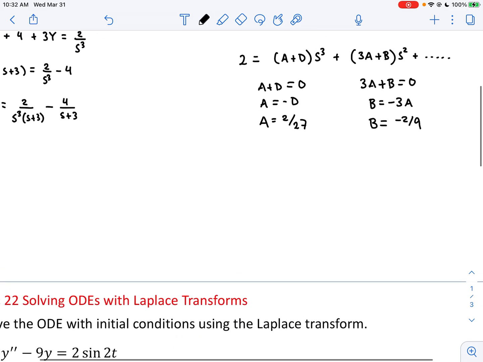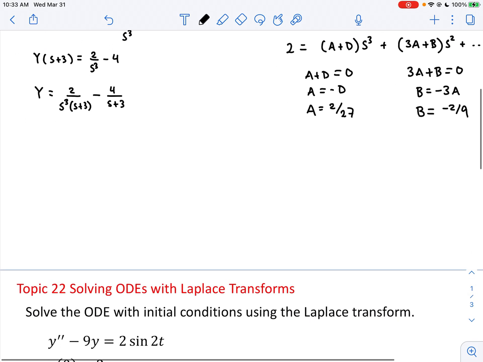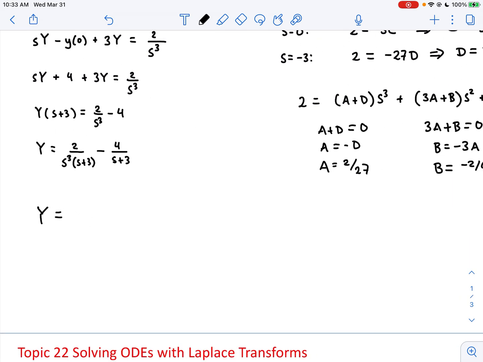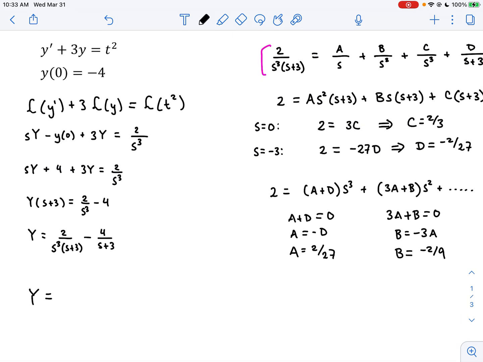Okay, next, we're going to go back to what our y expression is. Let's go back over here. And following our decomposition, we have a over s, and a is 2/27. All right, so I'm just going to effectively rewrite this decomposition over here with the correct a, b, c, and d, and that'll decompose this first part.